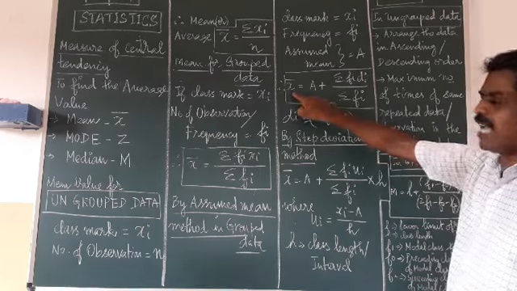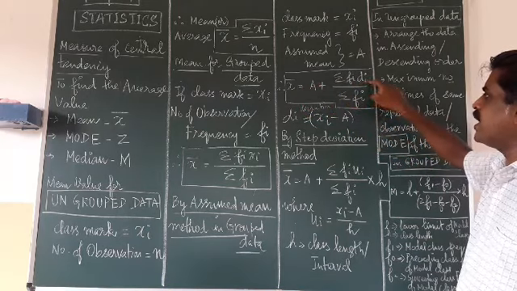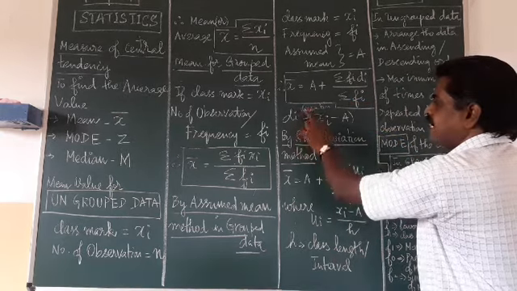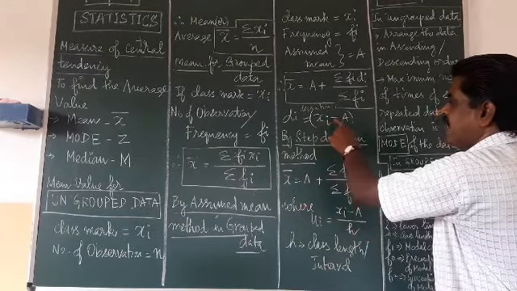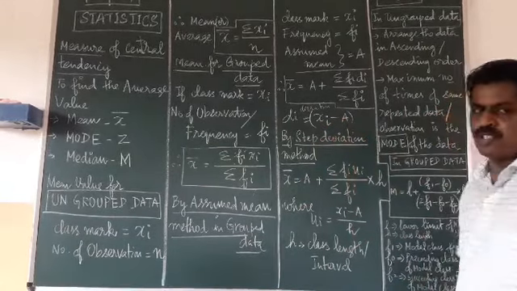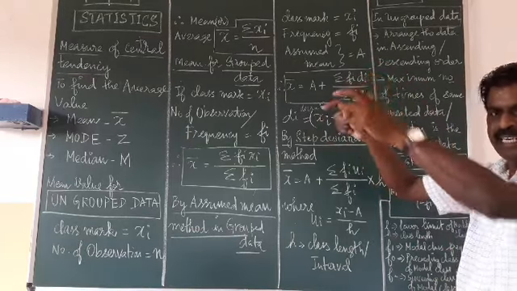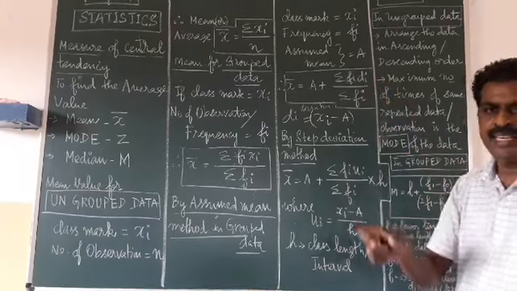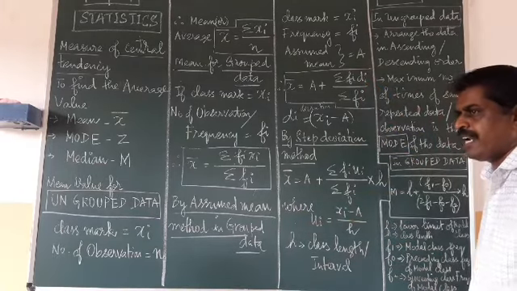So to calculate the mean value, x bar equals a plus sigma fi di upon sigma fi, where di is the deviation from the assumed mean, given by xi minus a. You subtract for each and every row, and finally add up the fi di. That is the assumed mean method in grouped data.